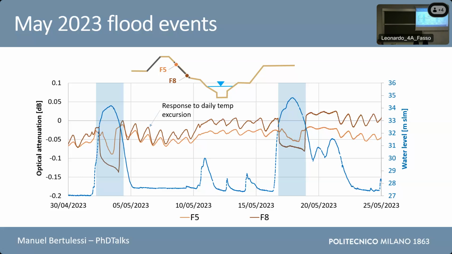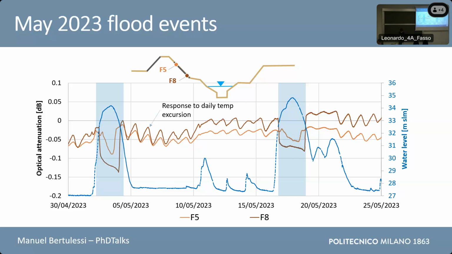Another important thing is that during the dry season, when we don't have precipitation, the system can properly detect the daily temperature excursion of the wire mesh that is covered by the soil. And when we have an event, this response is stopped in some sense, because the prevailing one is that given by the uprising level of the river.